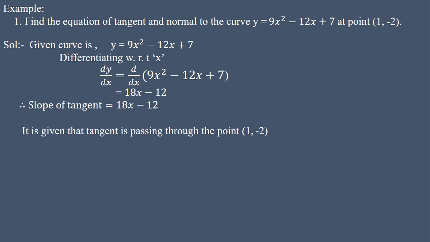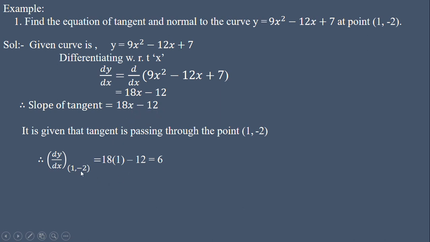Now it is given that the tangent is passing through that point 1 comma minus 2, tangent and normal both. So the point is 1 comma minus 2. So now we have to find out the slope of tangent at that point. The tangent is passing through this point, so this point must also satisfy the equation of tangent.